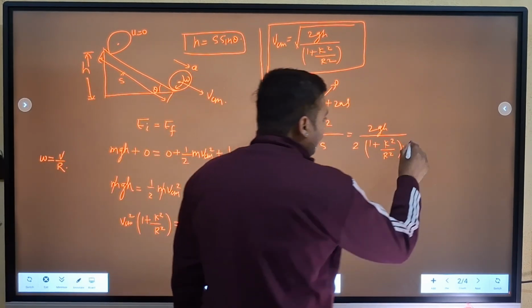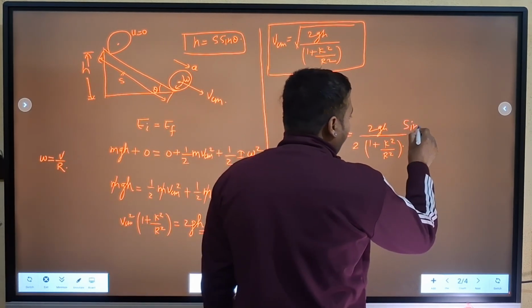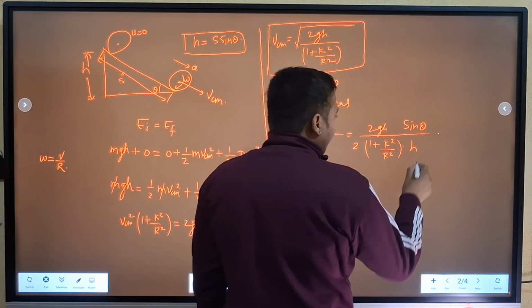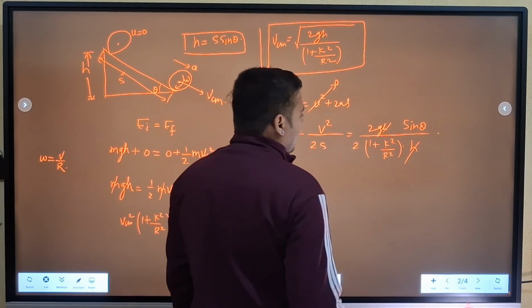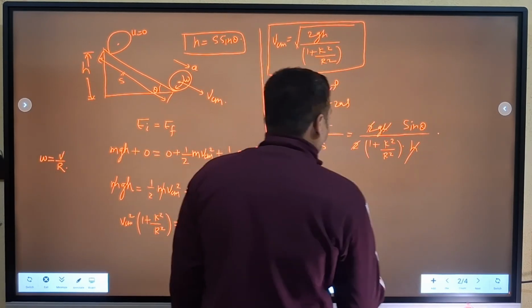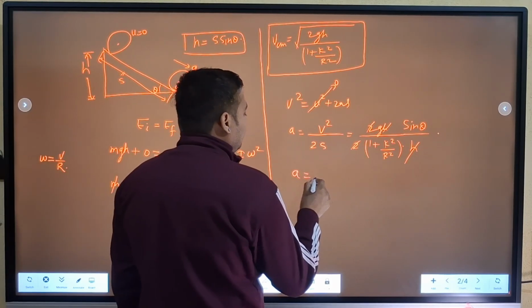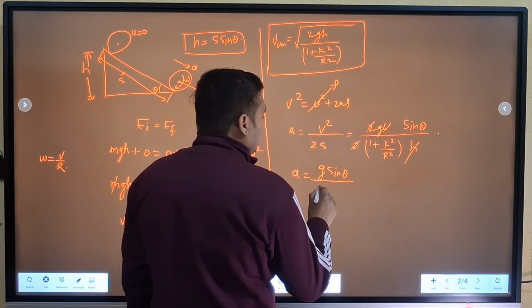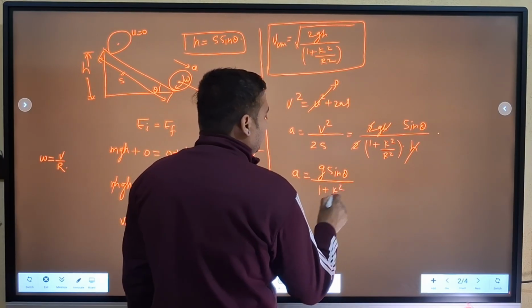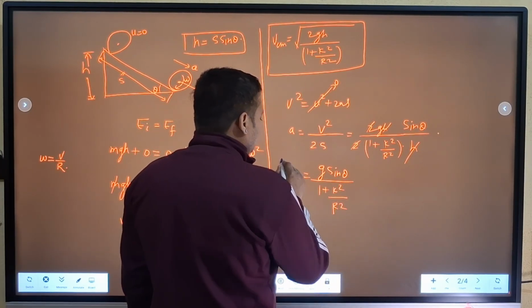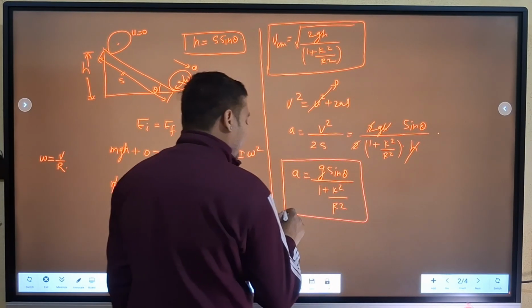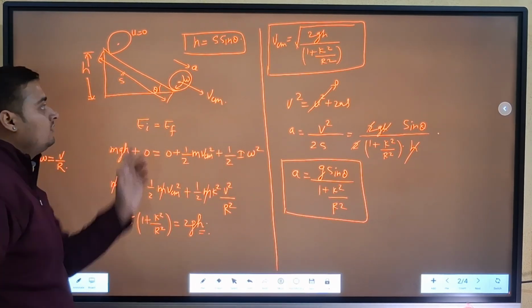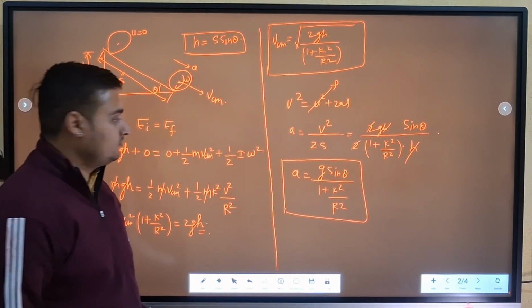So h will be cancelled and 2 will be cancelled. From here we can write acceleration is equal to g sin theta divided by (1 + k²/r²). So the third important term we calculated is the acceleration for rolling motion.